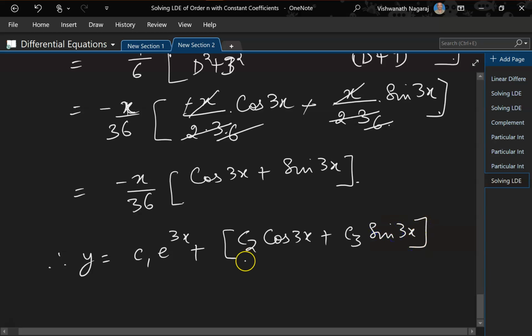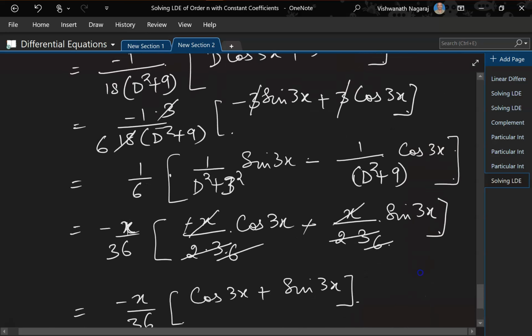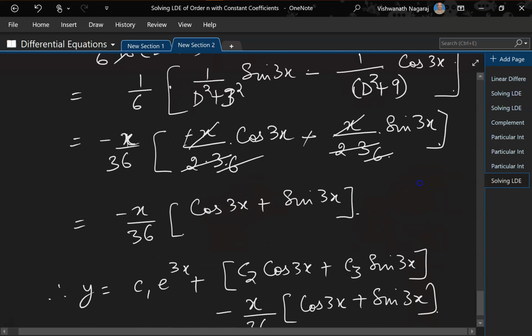This is the complementary function, plus the particular integral, that is minus x by 36 times cos 3x plus sin 3x. So that is the solution. See, the result that we developed in the previous session becomes very useful here. We can immediately apply that.